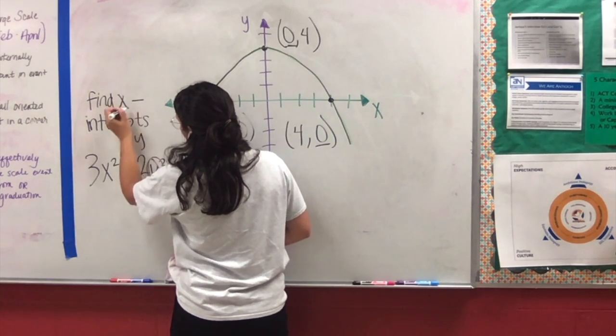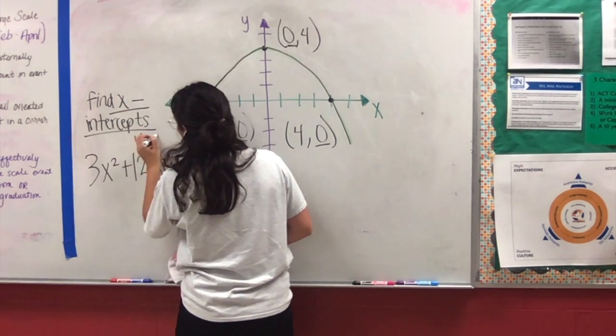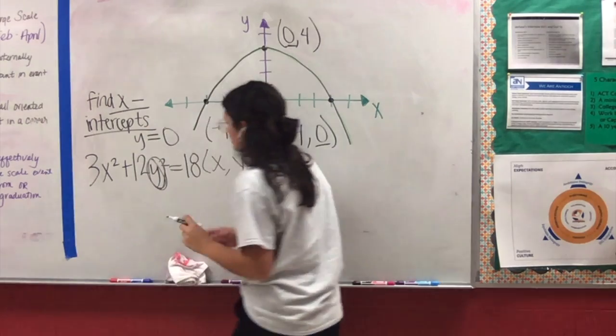So when we're finding the x-intercept, y equals 0.